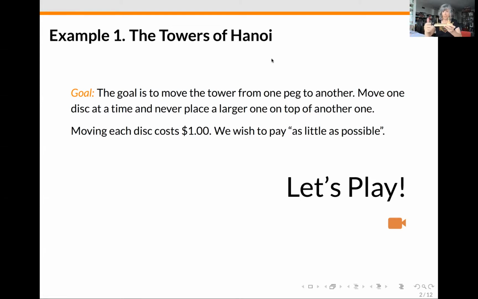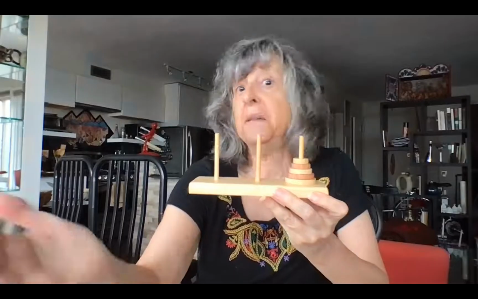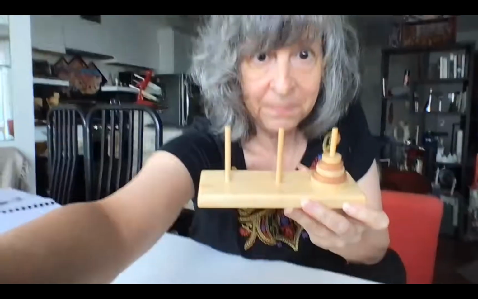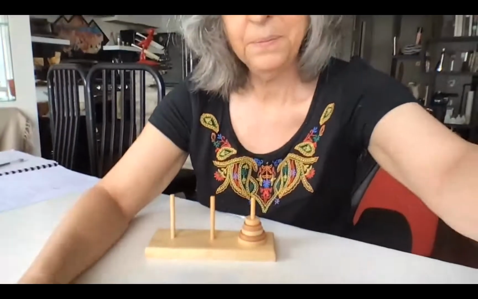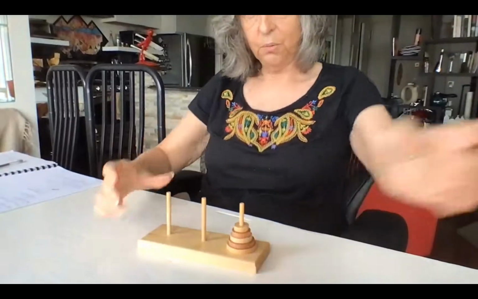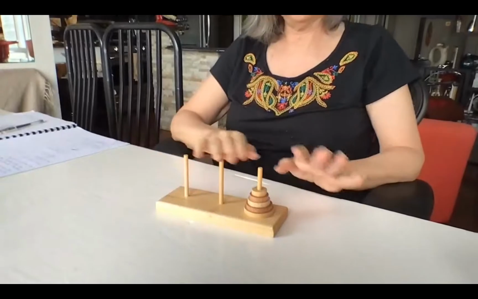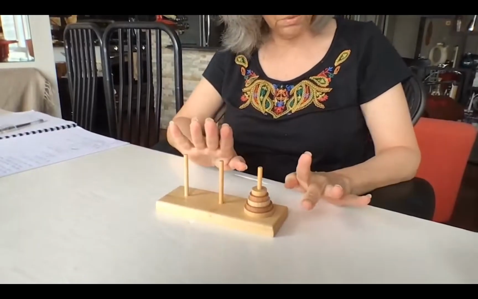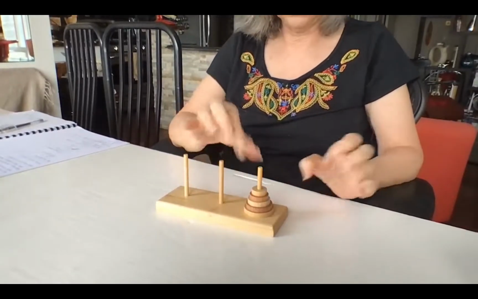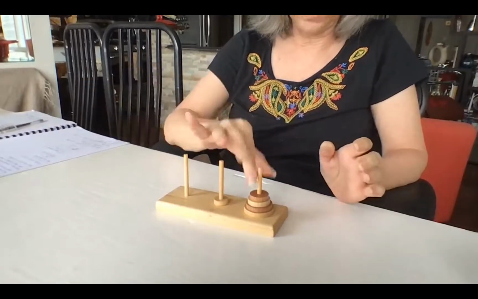So let's play and let's see how we can do this. I'm going to put it in here so that you can see it. Okay. So we want to play the Towers of Hanoi, and the whole idea is to move the tower according to the rules. So I can move one over here.